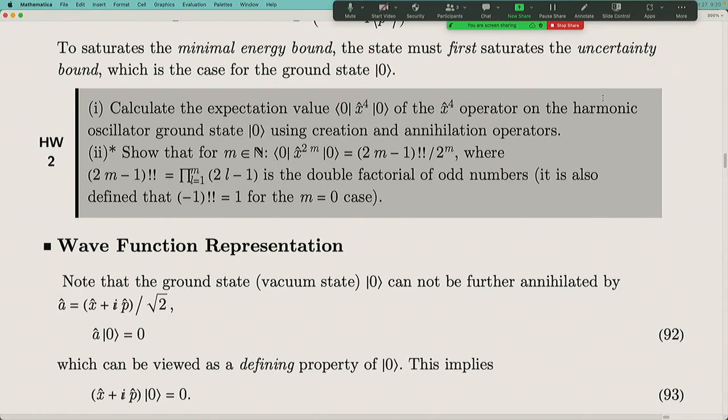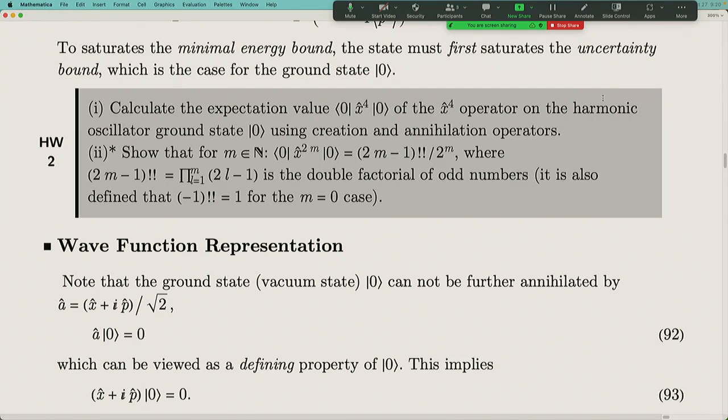And that is because of the symmetry that I just mentioned. There's a reflection symmetry that guarantees that all the odd power position operators will have a 0 expectation value, but the even powers will have a non-trivial expectation value. So this homework is trying to give you an opportunity to figure out this expression, basically. So with this expression, you can substitute that into the Taylor expansion series and compute any function of x without doing any integration on the ground state, at least, okay?